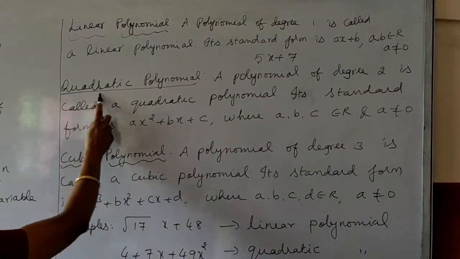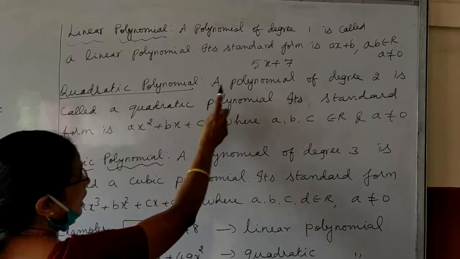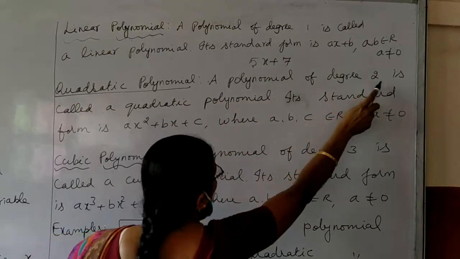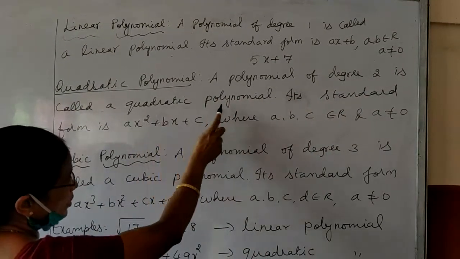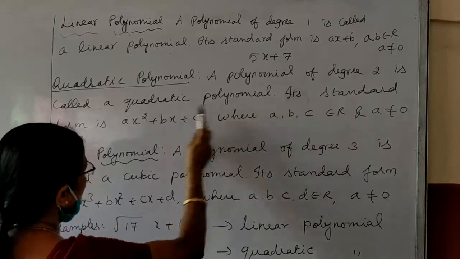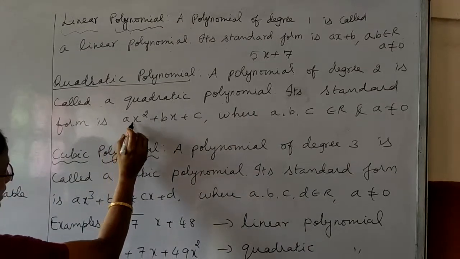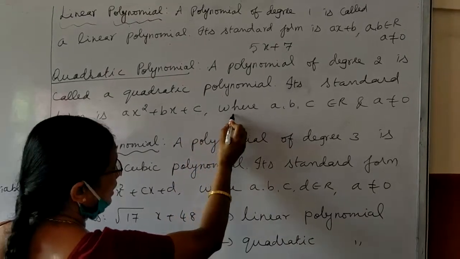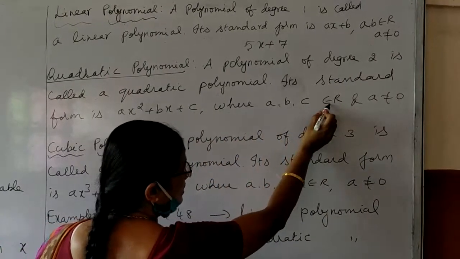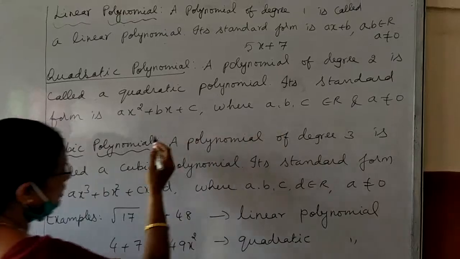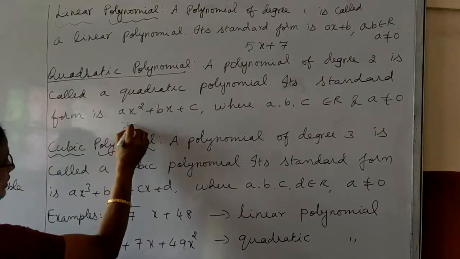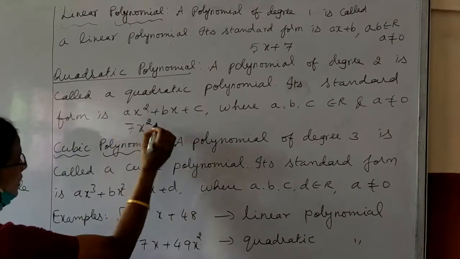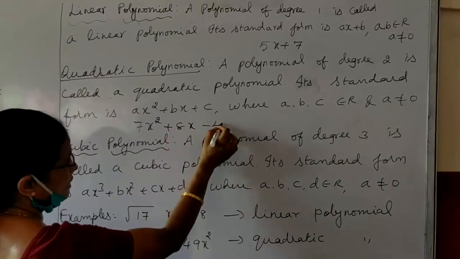Next is quadratic polynomial. A polynomial of degree 2 is called a quadratic polynomial, and its standard form is ax square plus bx plus c, where a, b, c are real numbers and a is not equal to 0. You can consider a polynomial 7x square plus 8x minus 4.